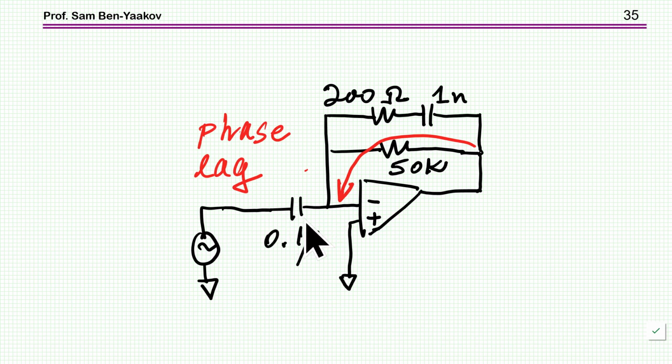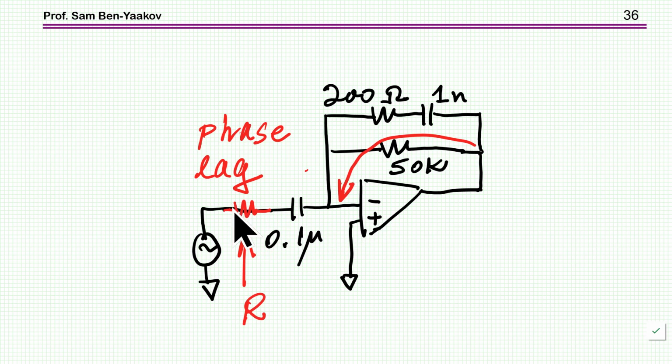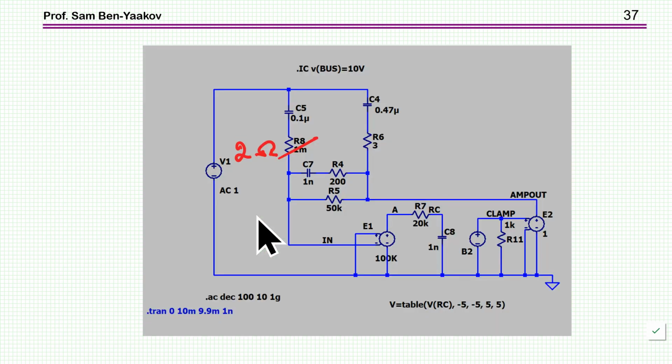This is the input impedance, and this is the feedback, and we know that in a circuit like that you might have a problem of oscillation because there is a phase lag here, and then the phase margin is getting smaller and smaller depending on the amplifier. So it is well known that in order to operate this derivative or differentiator circuit, you have to put here a resistor. So this is what I did.